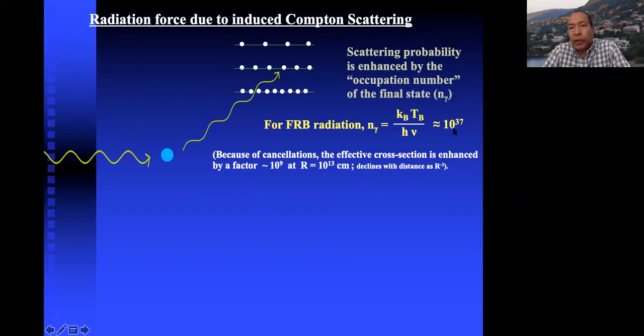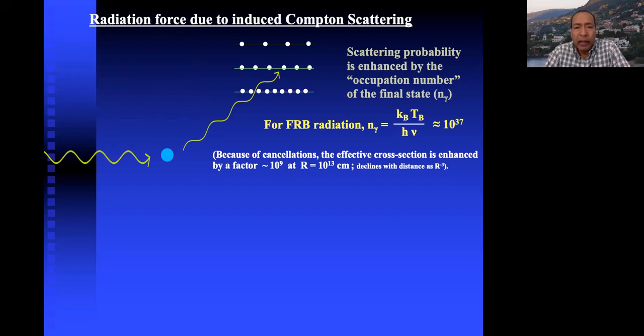And if the occupation number of the final state is 10 to the power 37, the probability of scattering is enhanced, not by this huge factor of 10 to the power 37, because there is an inverse process that nearly cancels this. So the effective enhancement to the scattering probability is more like a factor of a billion at a distance of about an AU, 10 to the 13 centimeters.